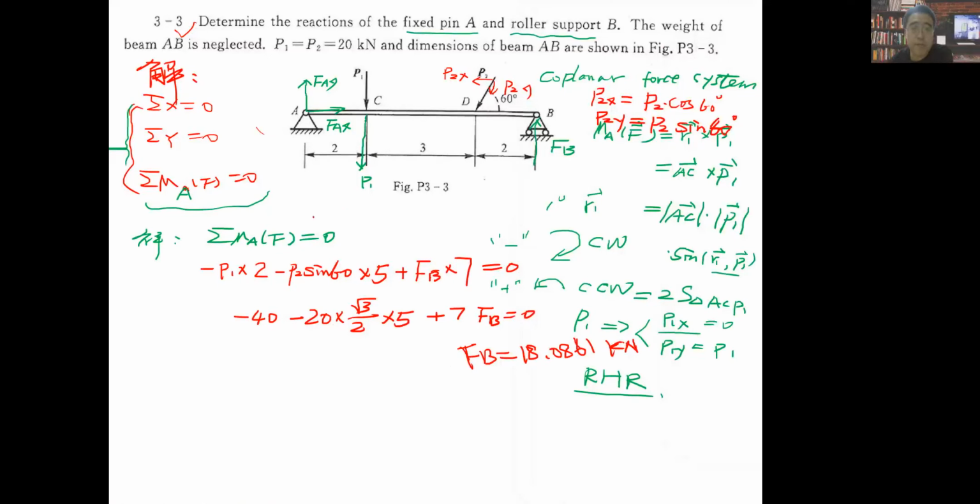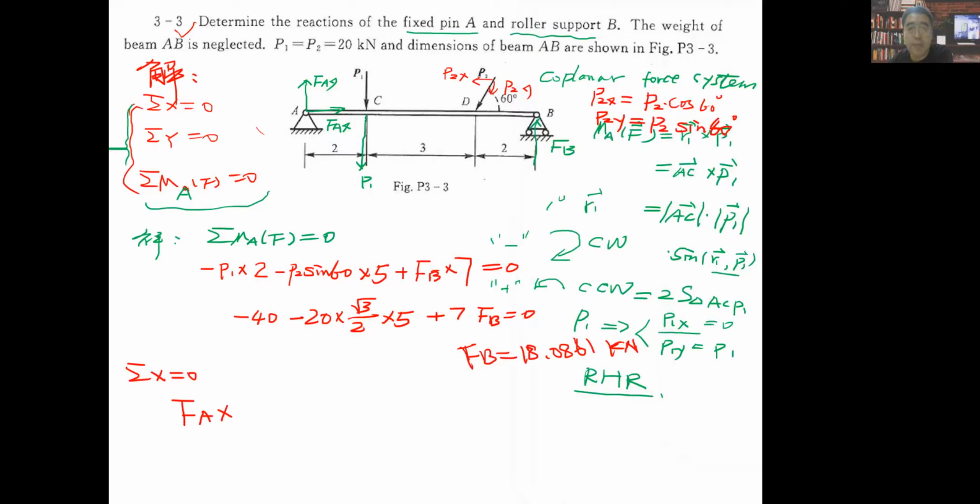After we do that, the other thing is very easy. So we can use sigma Fx equals 0. Because we assume that this FAX should be along this direction, we can just write FAX. This one, P1, has no component along the x-axis, so we do not need to consider it.